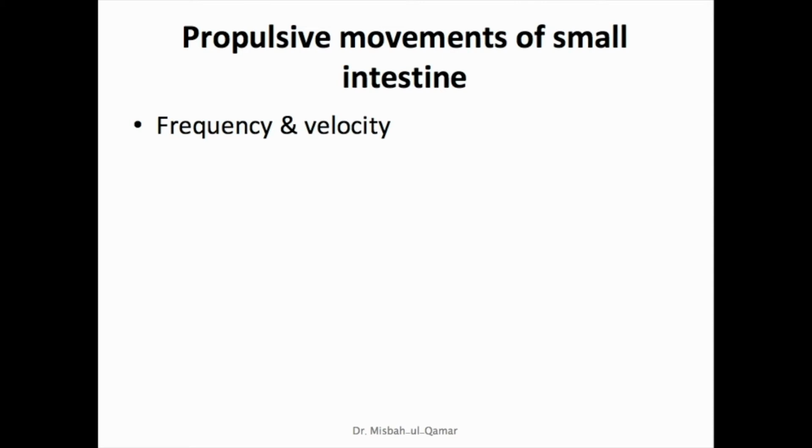But they are faster in the proximal intestine and slower in the terminal intestine. Since propulsive movements are weak, they die after traveling 3 to 5 centimeters. So the net movement along small intestine is slow, only 1 centimeter per minute.